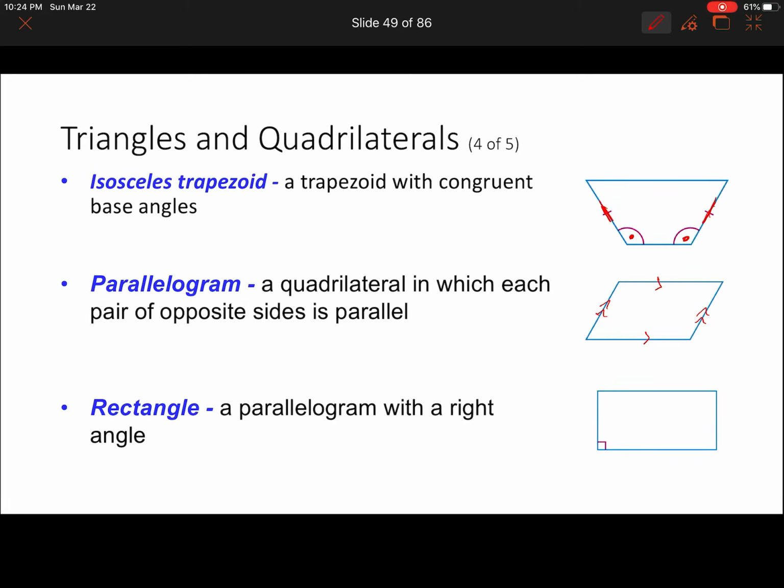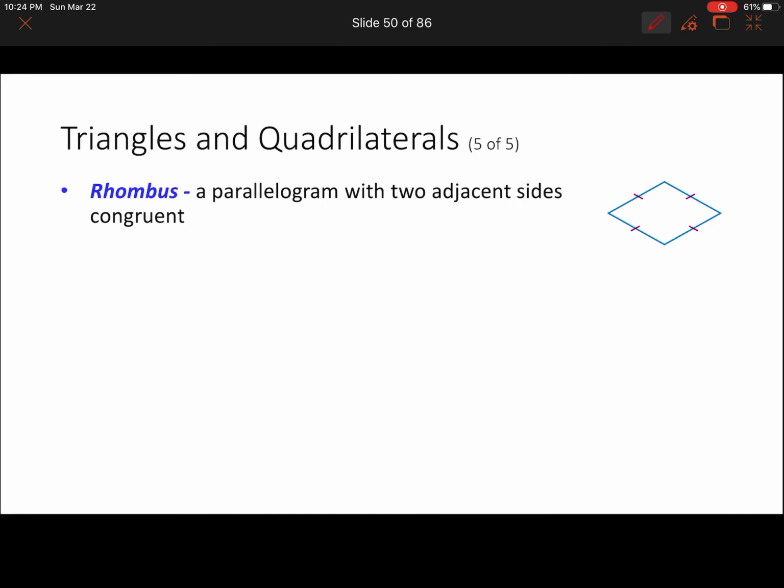We're not going to get into the details of why that works. But just understanding that every angle is 90 degrees in a rectangle is important. We don't say that in the definition because being a parallelogram and only having one right angle is sufficient. But typically we think about a rectangle as having four 90-degree angles.